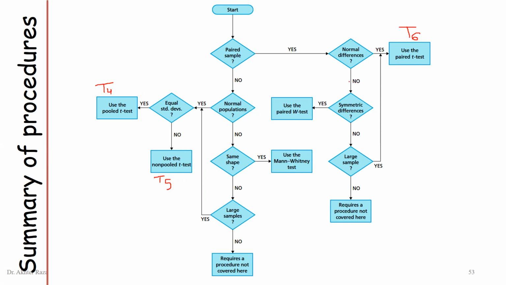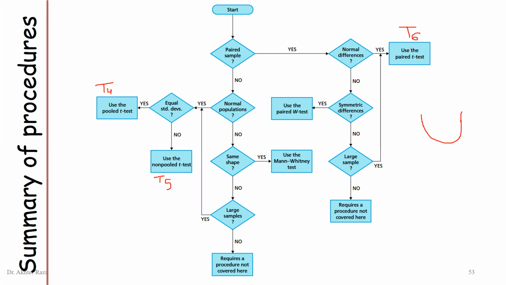Similarly, if the differences are symmetric but not normal, then you can use the paired Wilcoxon test. Otherwise, if the samples are large, even if the populations are not normal, we can still use the paired t-test.